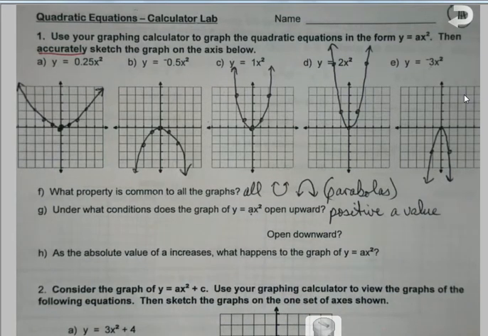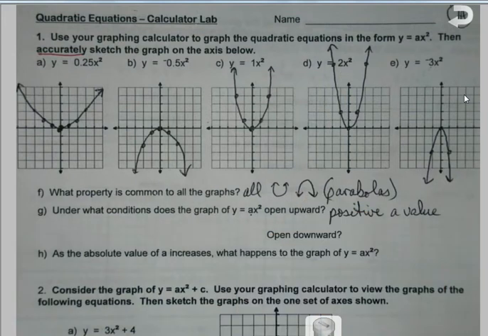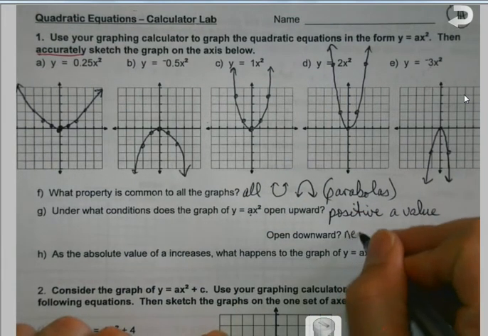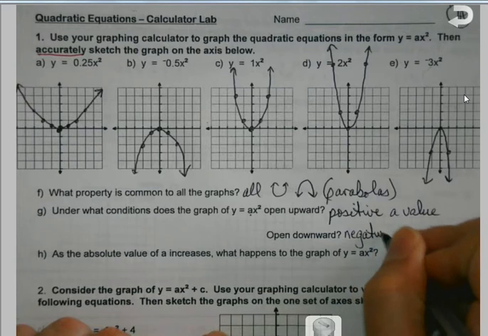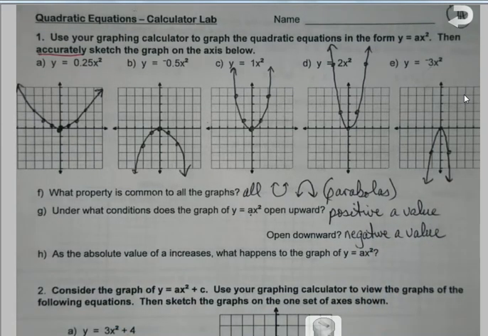So whether it was 0.25, 1, or 2, they were all opening upward because they had a positive a value. If they have a negative a value, that's when they're going to open downward, like we saw up in B and E. So that's one piece of the puzzle we can take just from looking at the equation.